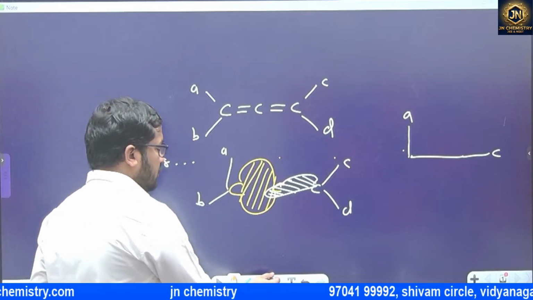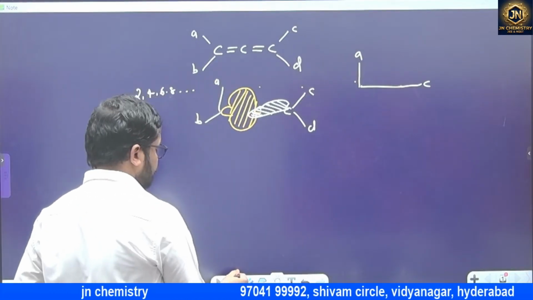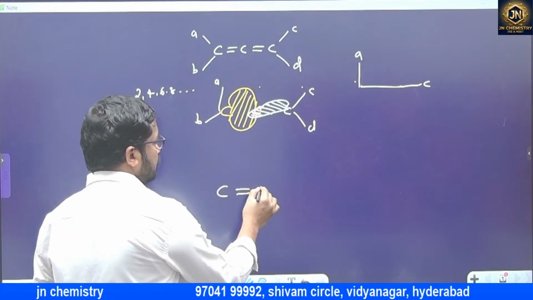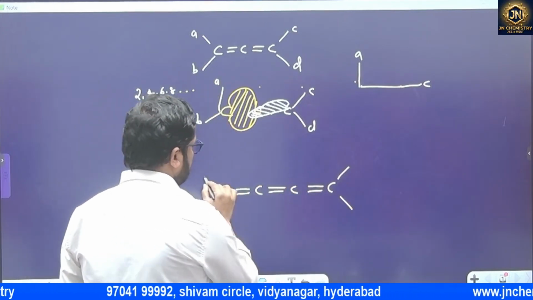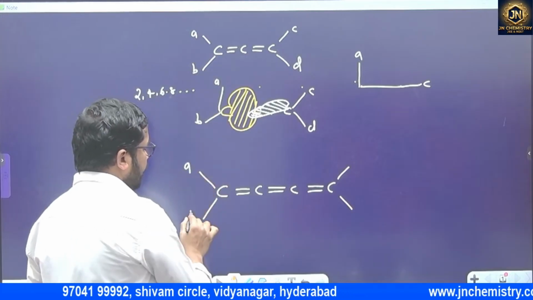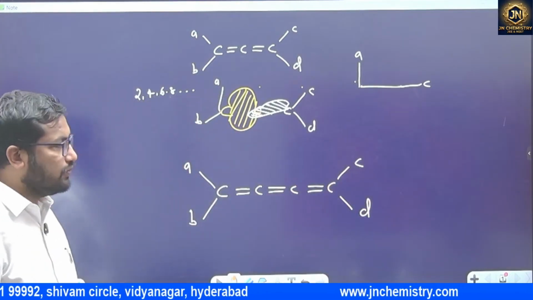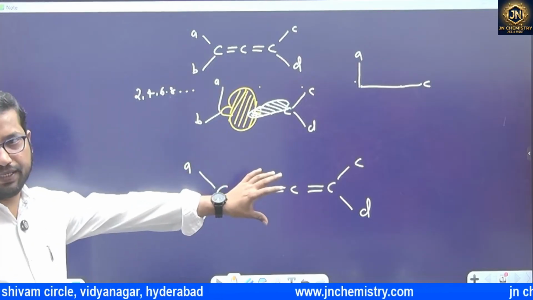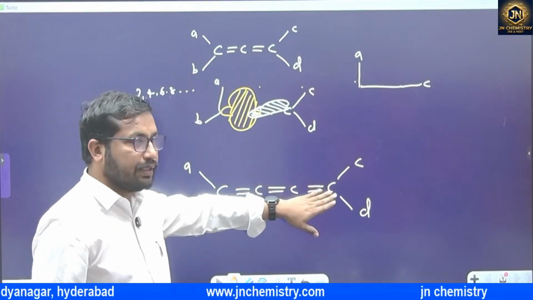But what exactly happens in case of an odd number of double bonds? For example, A, B, C, D. Both end groups are in the same plane. So one is in this plane, one is perpendicular, one is in the same plane.